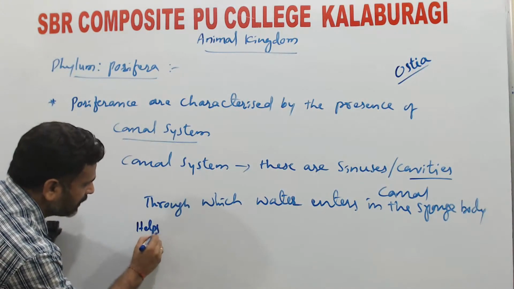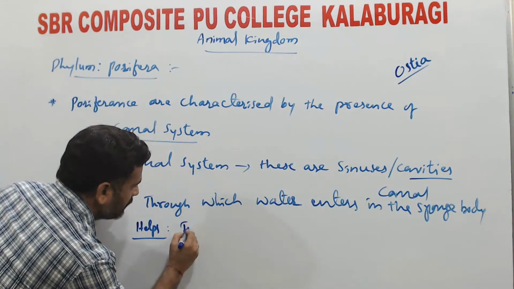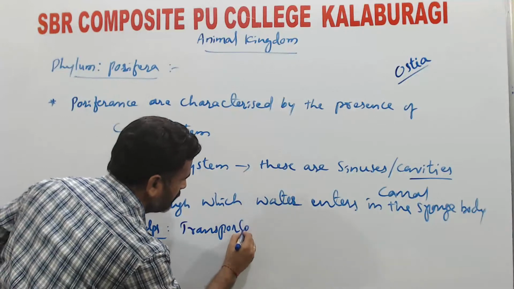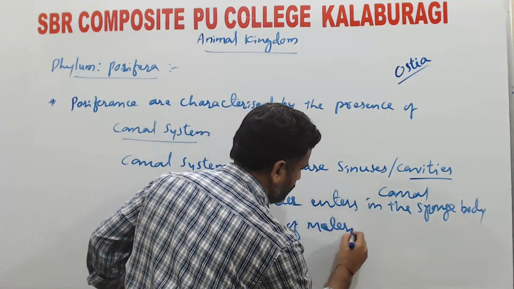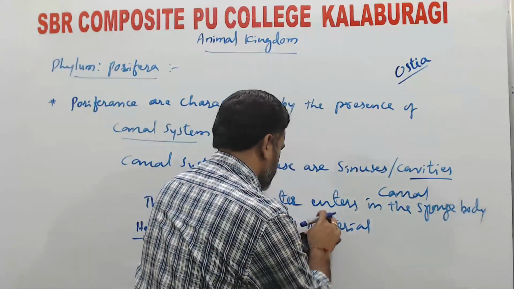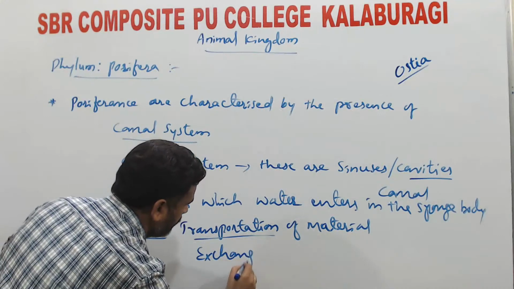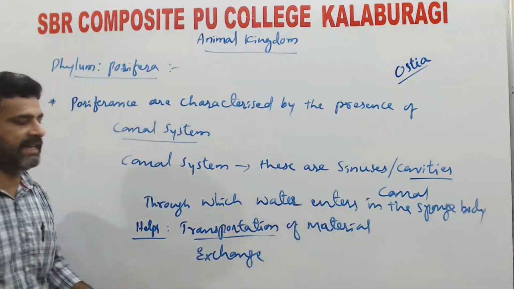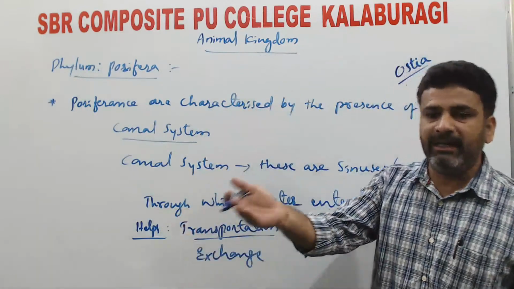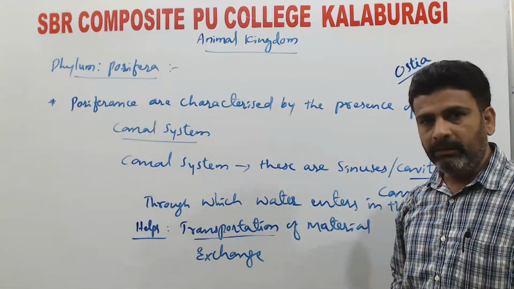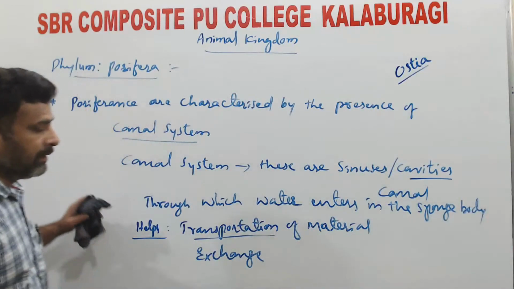The main function of this water canal system is the exchange of material between the environment and the sponge body through the canal system.